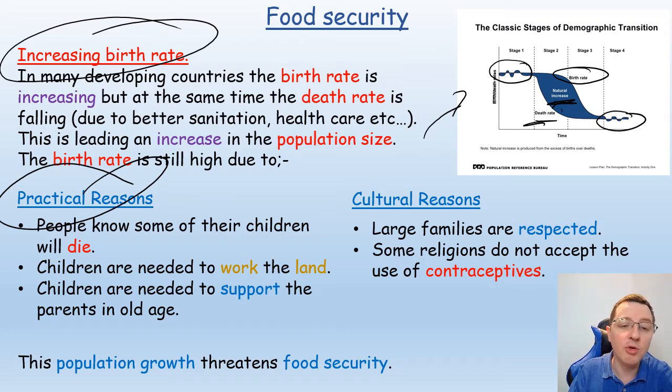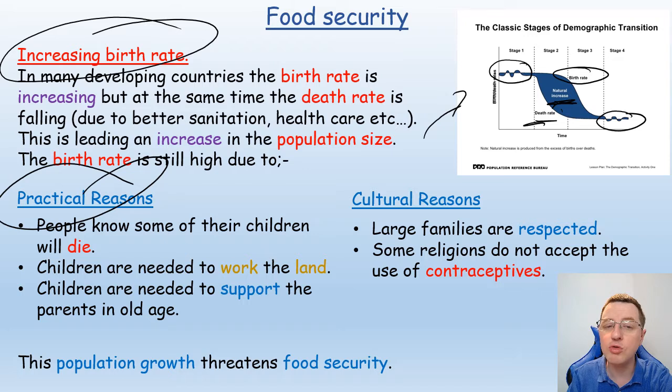Another reason is that those children are needed to work the land and help the parents to farm and have agriculture on the land that they own. Children are also needed to support the parents in old age. Often these are countries without a welfare system, where there isn't a pension system, where there isn't good healthcare. So when you get to your old age and you're unable to work, you need to rely on your children to support you. So the more children you have, the better off you'll be in old age.